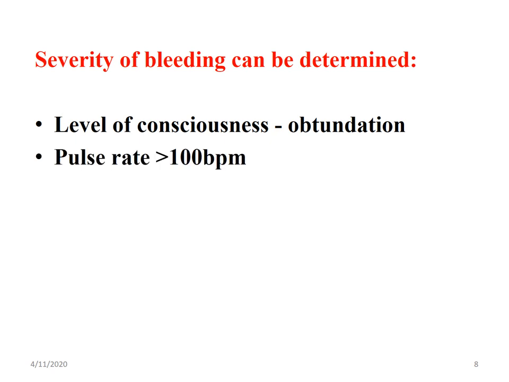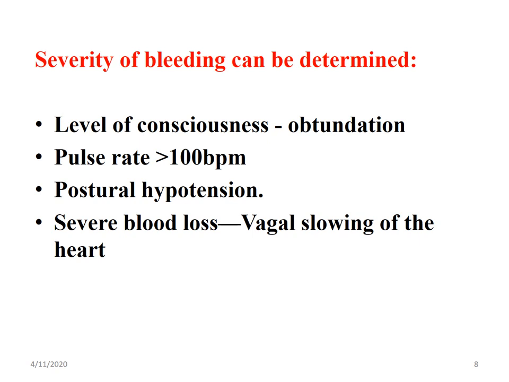Any disturbance of the level of consciousness, especially in old age, should make us suspect that this patient has severe GIT bleeding. Also if the pulse rate is more than 100 beats per minute, or the patient has postural hypotension. What is postural hypotension? When the patient stands up from the sitting or flat position, the patient feels dizzy or feels like falling on the ground.